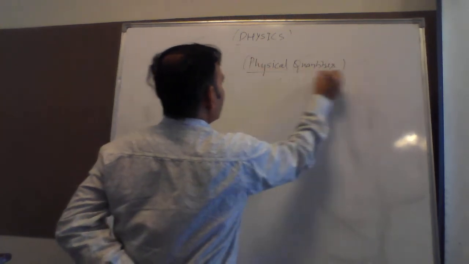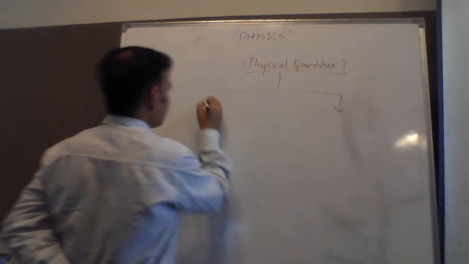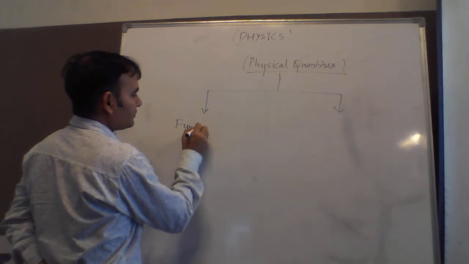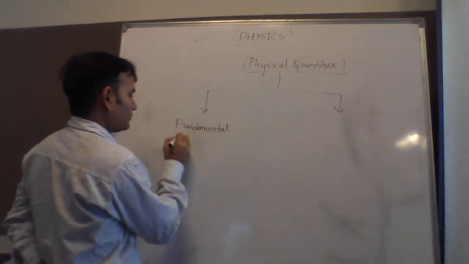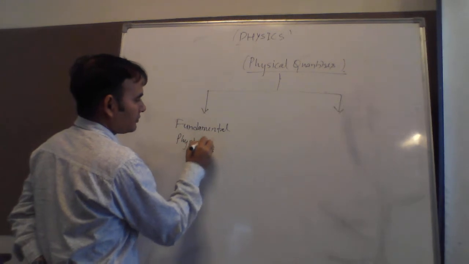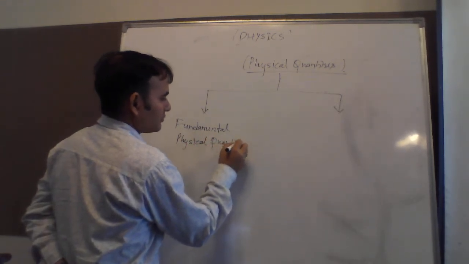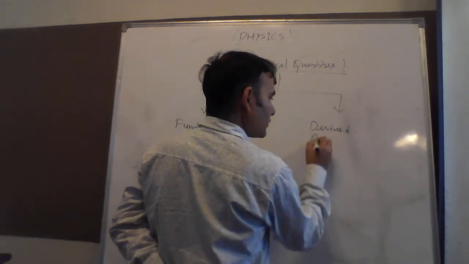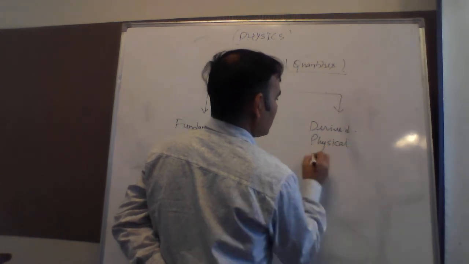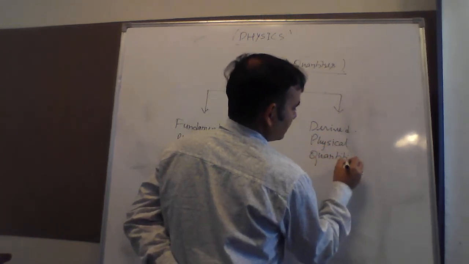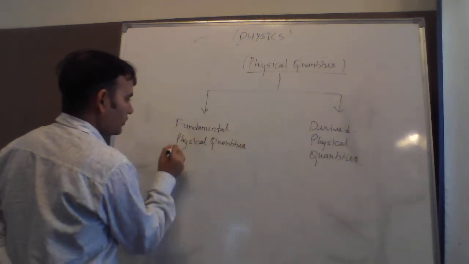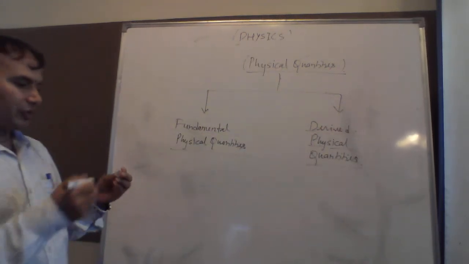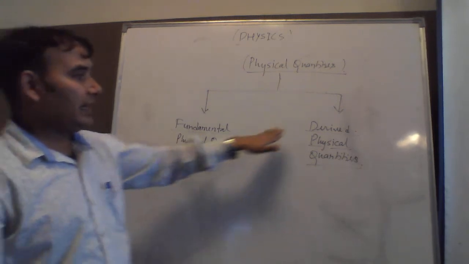Physical quantities are basically of 2 types: fundamental physical quantities and derived physical quantities. Only two types of physical quantities: fundamental physical quantities and derived physical quantities.